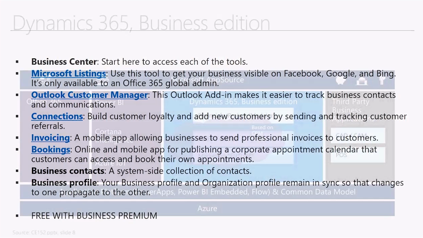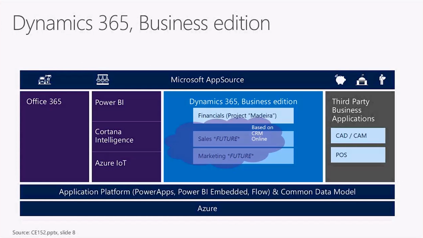So if we look at the Dynamics 365 Business Edition, it will basically be made of 3 modules, called the Financials, which is the old Project Madeira, and it will be extended with sales and marketing functionality that are based on the current CRM Online product.